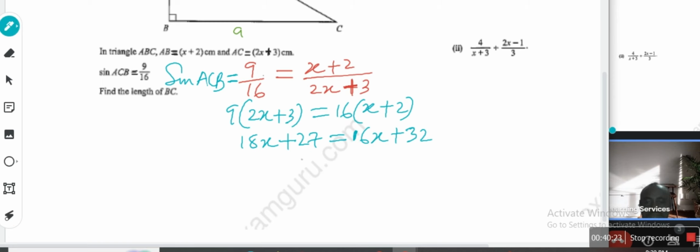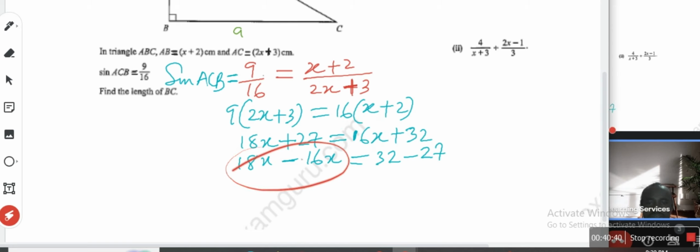Yeah. So 18x minus 16x, that's all the x's, then we have 32 minus 27. All x's move to the left, all numbers on the right. So 18x minus 16x will give us 2x equals 32 minus 27.